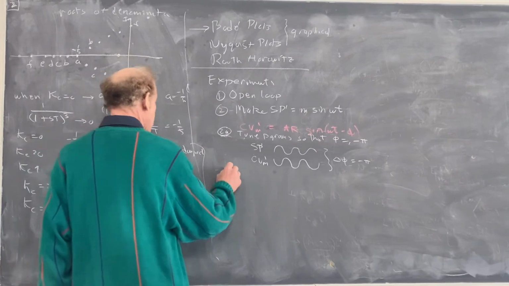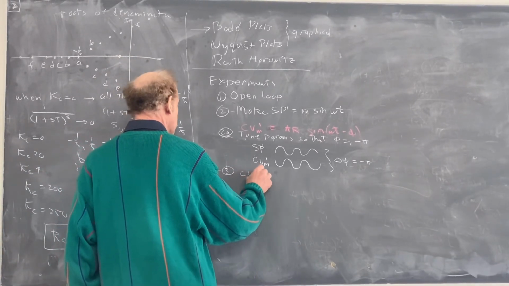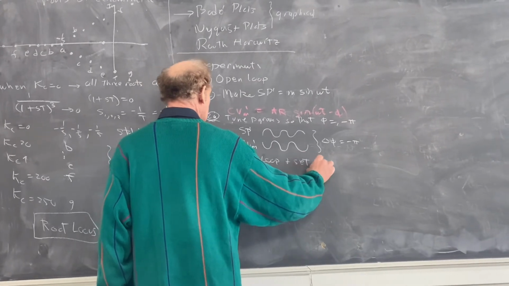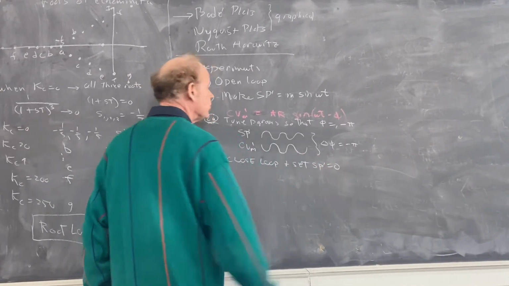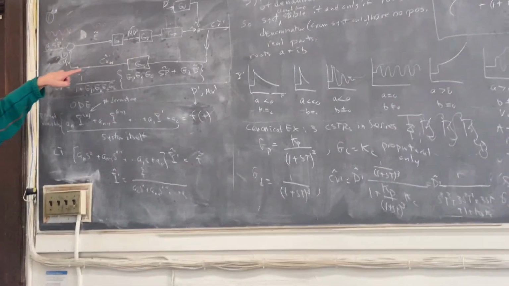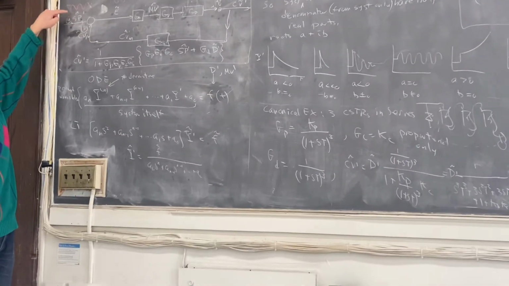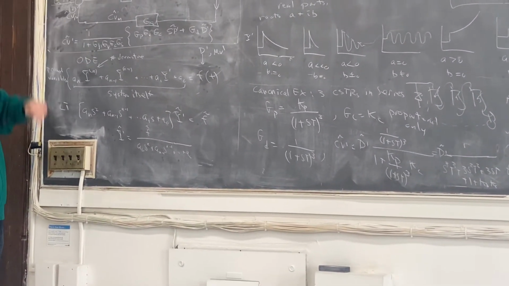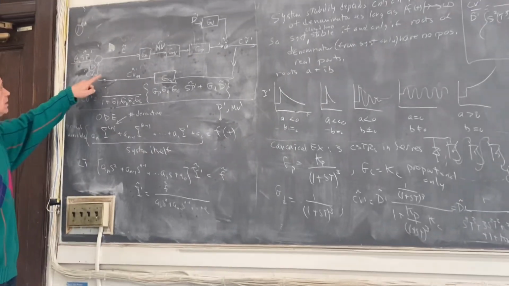Okay, so now I close the loop and set SP prime to 0. So I have the sine function in the system. It just came around the loop. I've now closed the loop, and I'm not adding anything else with SP anymore. SP is 0. So what happens?